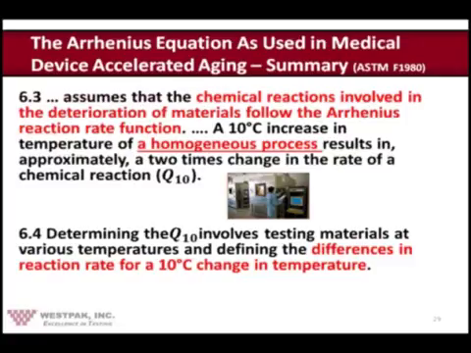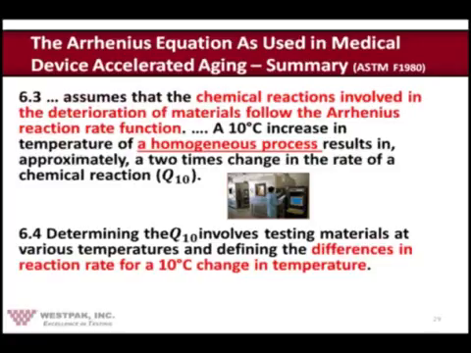And what it says is that aging is a chemical reaction that involves the deterioration of materials in a homogeneous process.